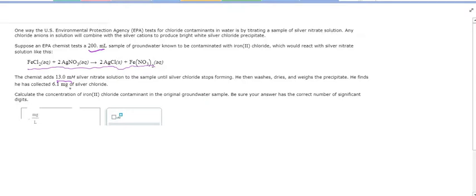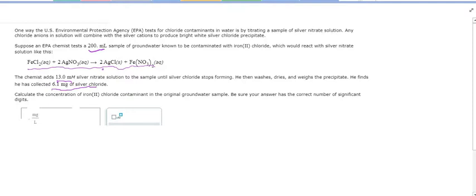He then washes, dries, and weighs the precipitate. He finds he has collected 6.1 milligrams of silver chloride. We are asked to calculate the concentration of iron 2 chloride contaminant in the original groundwater sample. Be sure your answer has the correct number of significant figures as always.